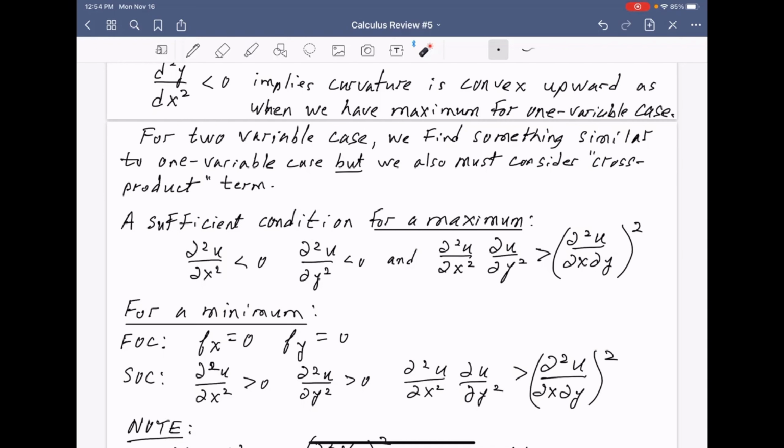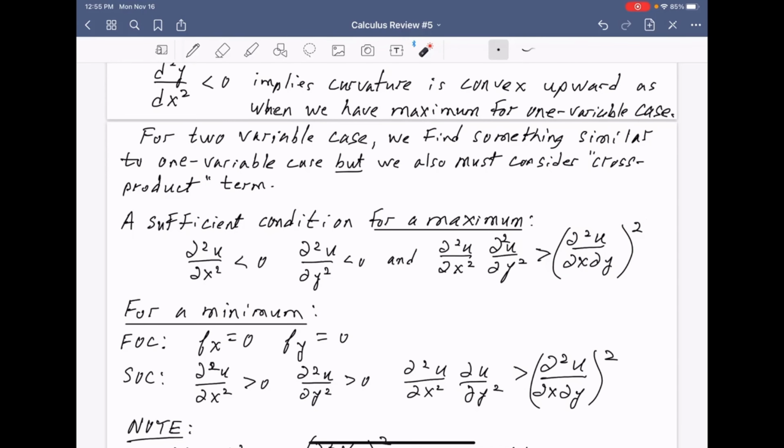But more importantly, we have to consider this term here, and I forgot the superscript 2 here: the second derivative of the utility function with respect to x and the second derivative with respect to y, when those two are multiplied together, they have to exceed the cross partial derivative raised to the power 2.